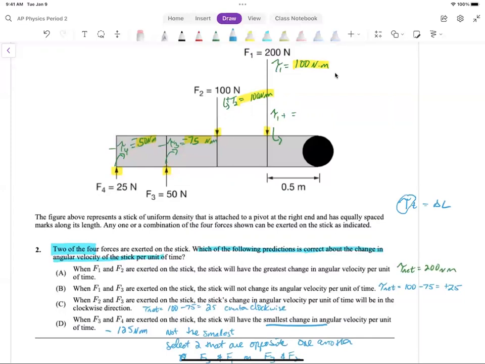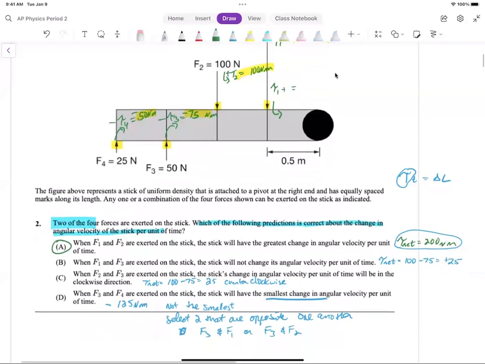Well, when you put both F1 and F2, your net torque is equal to 200. Notice that both F1 and F2 are in the same direction. So the only other option would be F4 and F3 added at the same time. And if you add those two torques together, it would be negative 125. So A is true. And so that is our answer.